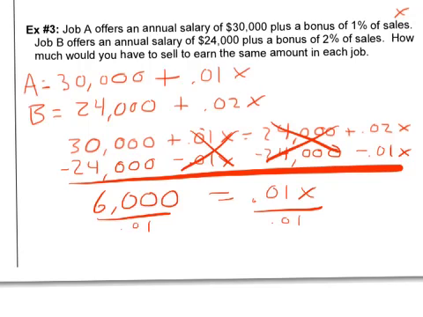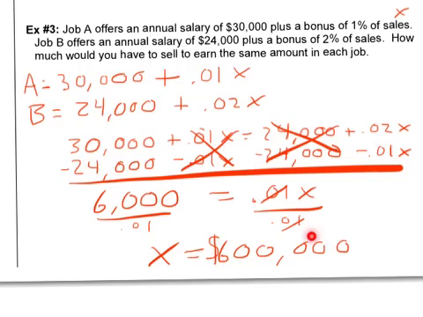And just plug that into my calculator and see what I get back. I am doing this off of memory, but I'm pretty sure then that x should equal 600,000. And if you think about that, that's $600,000 in sales for us to earn. And if we want to figure out what our annual salary is, we can take that 600,000 and plug it into one of these equations. I'm going to use the top one because I know that it's easier.